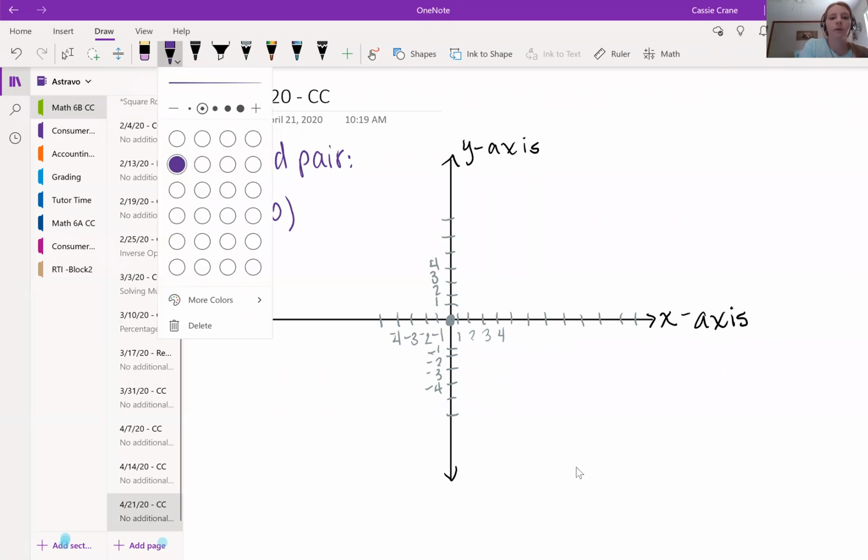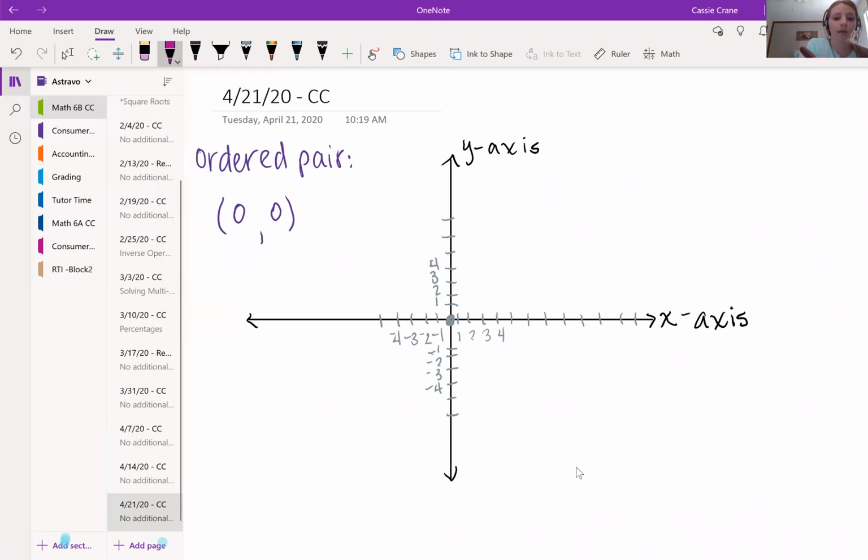When we have an ordered pair, the first value is always, always, always, I cannot stress that enough, always our x value. And the second value in our ordered pair is always, always, always our y value.